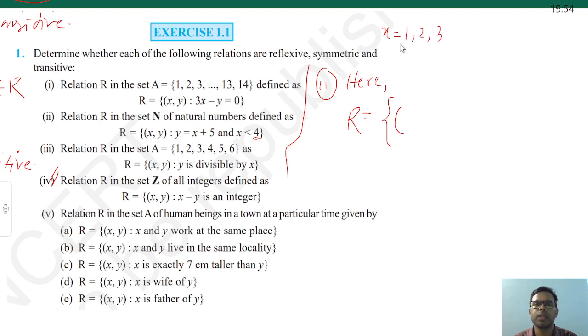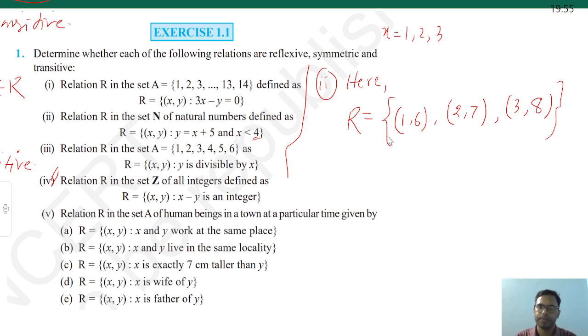If we take x equal to 1, then by this relation y is 6, so (1, 6). Take x equal to 2, 2 plus 5 is 7, so (2, 7). Then if you take 3, 3 plus 5 is 8. No more. This is the relation on a manual basis.